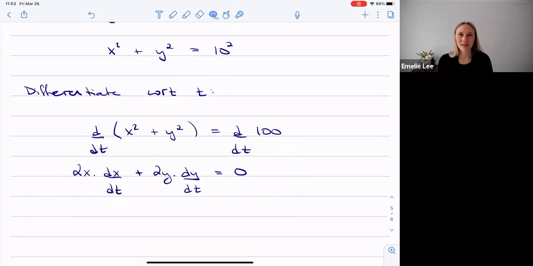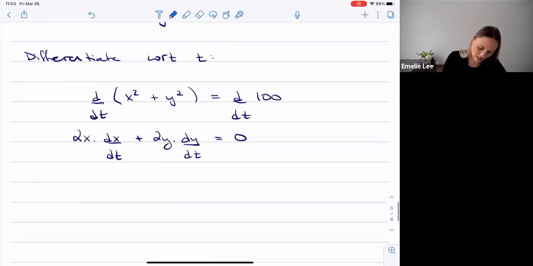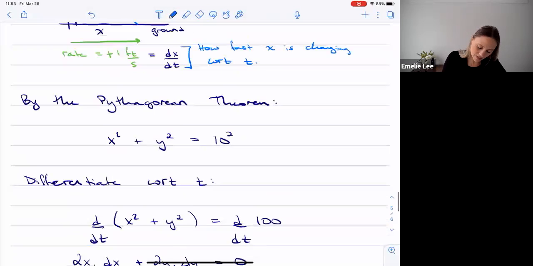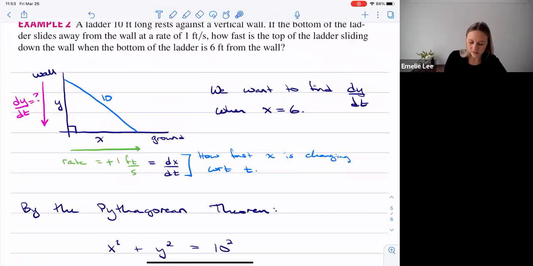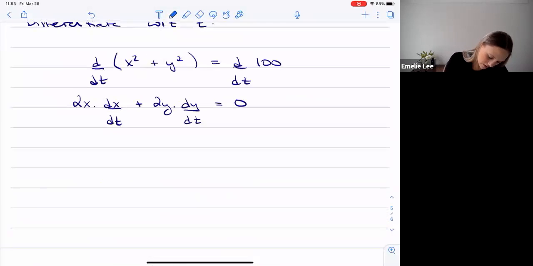Okay, now that I've taken the derivative, I am free to make substitutions, right? And so let's just figure out what these substitutions will be. Well, I'm trying to solve for dy/dt, right? I have dx/dt is 1, and I have x should be 6. So let's see what we can get together here.